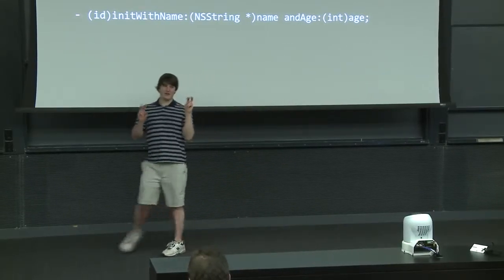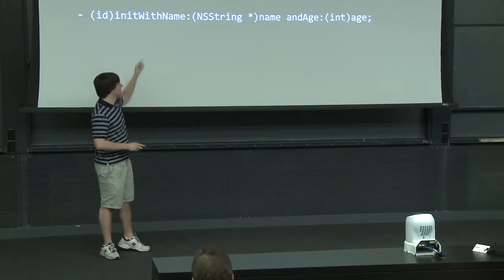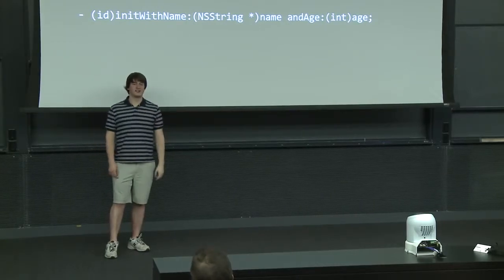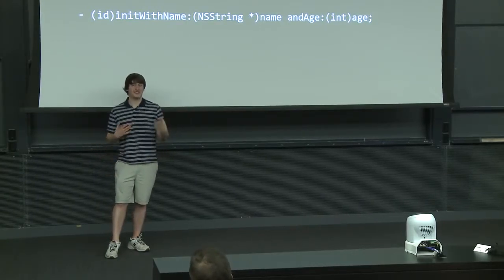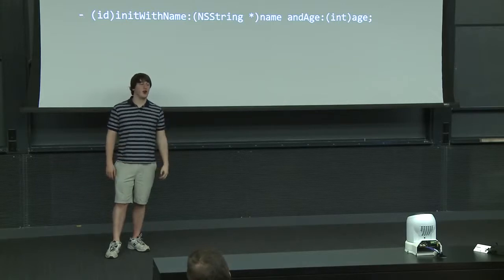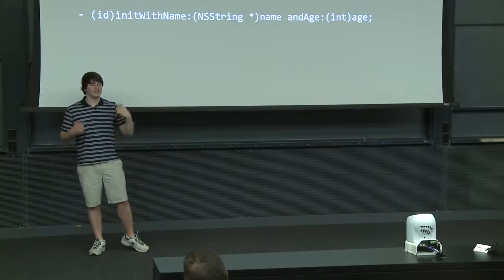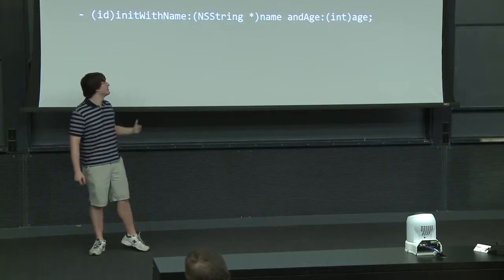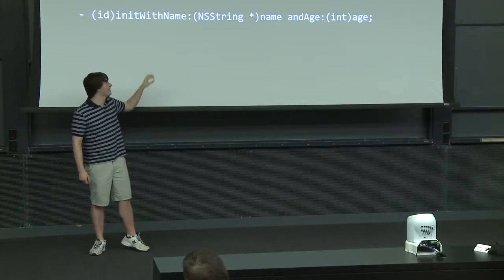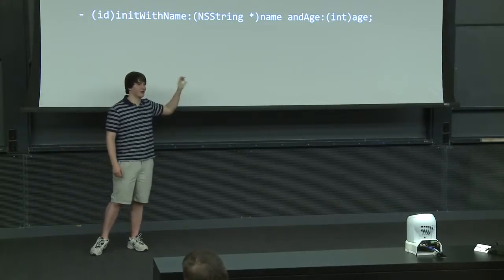A valid method name is init colon colon, which because there are 2 colons, we expect there to be 2 arguments. And so we can call it with like init colon Bob colon 20. But that's not what you should do in Objective-C. You should explicitly name all of your parameters. So init with name colon whatever and age colon whatever.